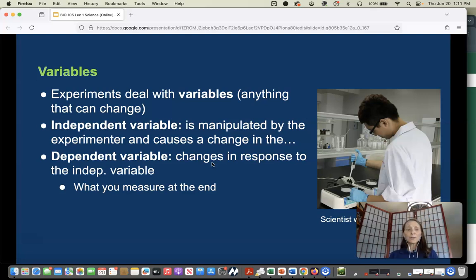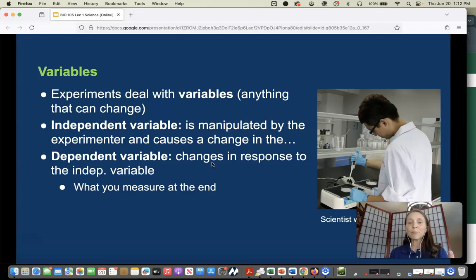Now as we do experiments, let's talk about variables. Experiments oftentimes deal with variables, and this is anything that we can change and alter. And there's two important variables that you have to know, and I want you to be able to identify. And that is an independent variable.